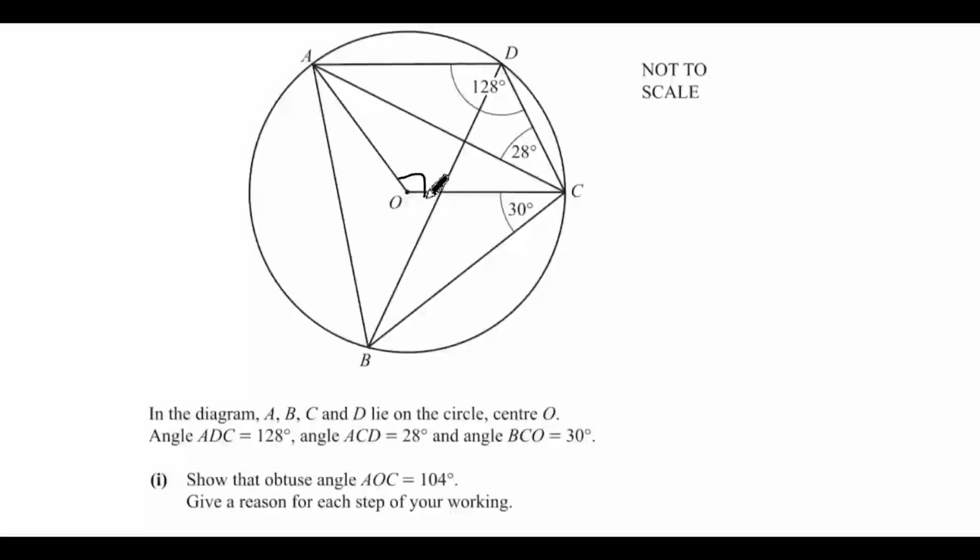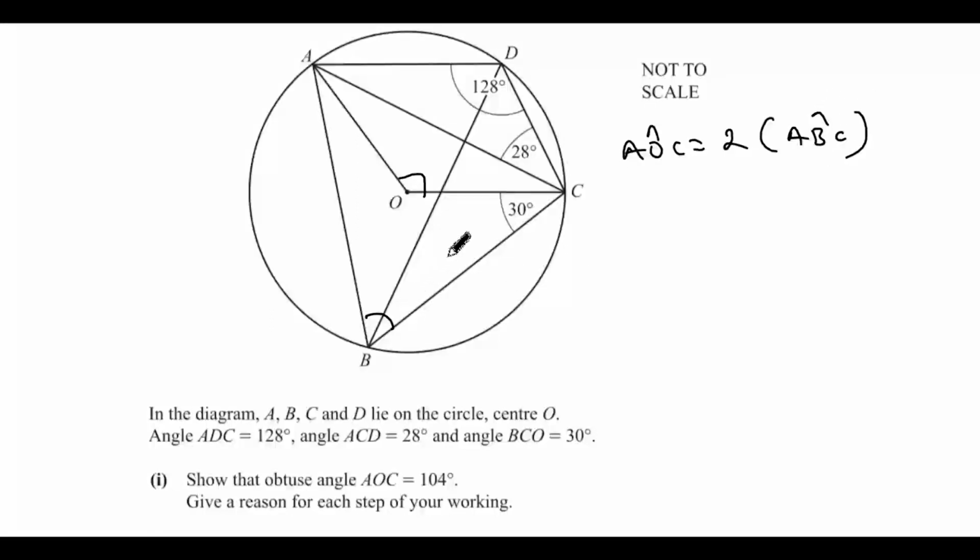That is the angle we want to show is equal to 104 degrees. This is angle at center, and this is angle at circumference, so we can start from there. We can say that AOC is equal to 2 times ABC, that is this angle.